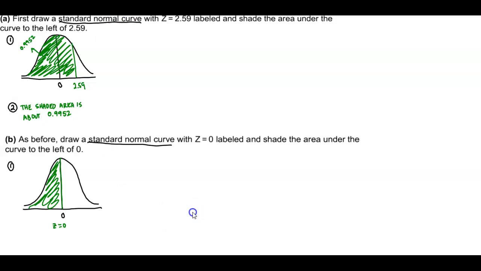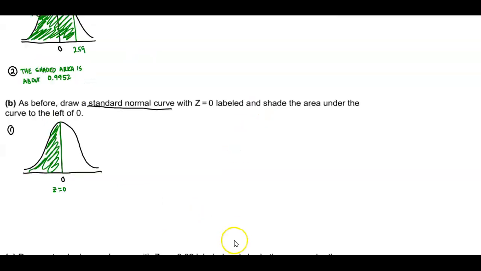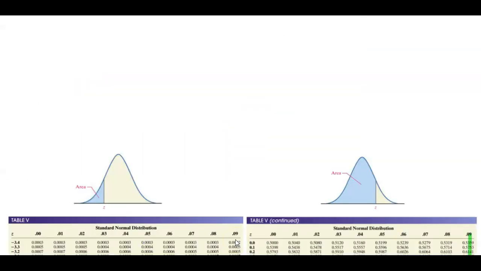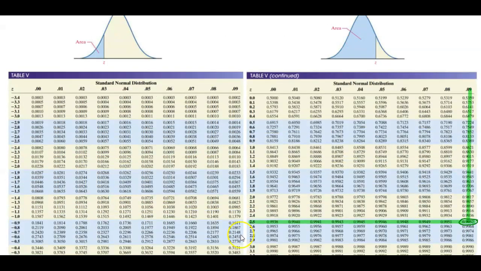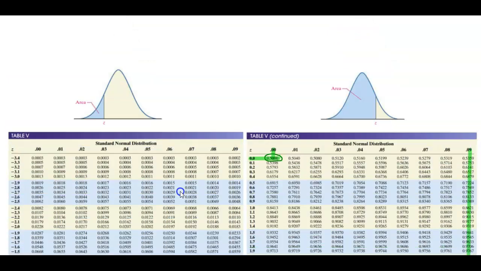So let's go ahead and take a look at our table. And let's find 0 and then 0. Okay, so there is 0 and there is 0. So therefore, that gives us an area of 0.5000.